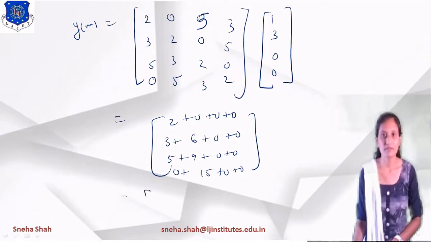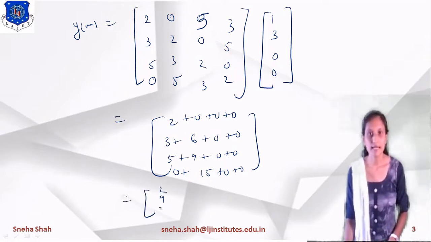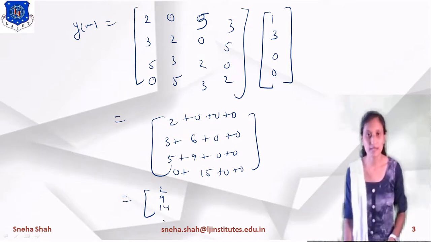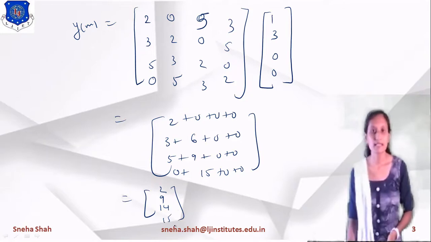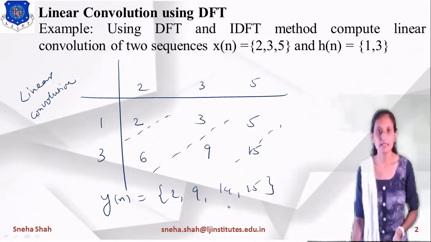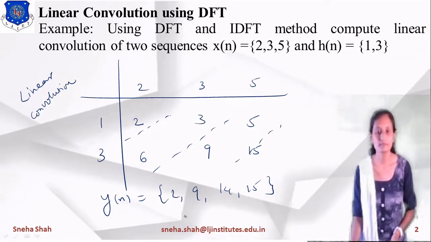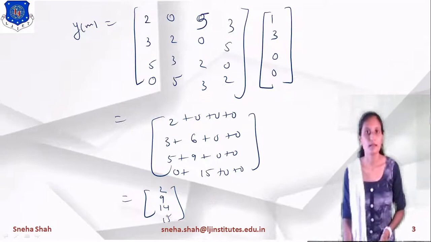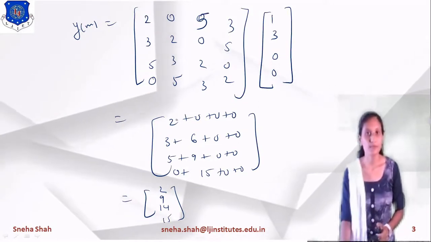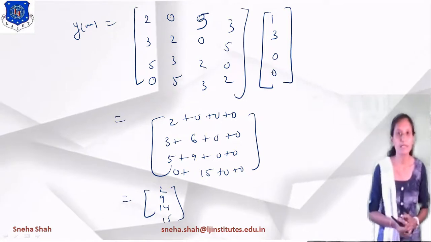Simplifying, the answer is 2, 6 plus 3 is 9, 9 plus 5 means 14, and the last term is 15. Now you can see that here there are 4 terms and the linear convolution also has 4 terms. When I pad the zeros to get 4 terms, the result will also be the same.